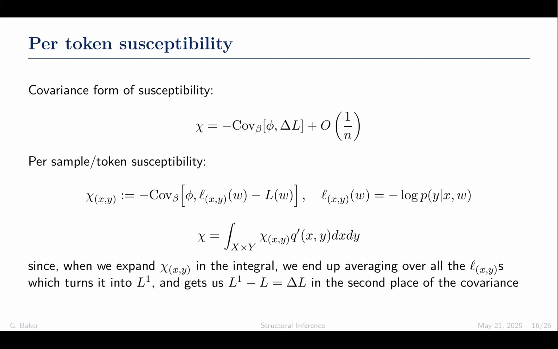All right, we got the covariance form of the susceptibility, and we're on to the per sample or token form of the susceptibility, which we define as the covariance between phi and our log loss on a particular sample.